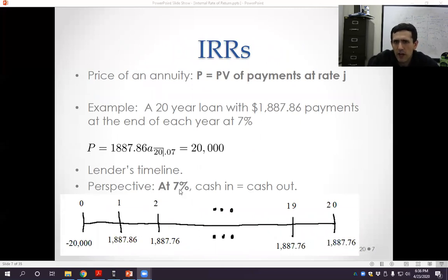Right? If I had 10% interest, I'm guessing the payments might be $2,500. I don't know, but they're certainly going to be quite a bit larger than 1887.86. Right? Of course, taking the flip side, if you're trying to buy a house, you of course want as small of a loan interest rate or mortgage interest rate as you can get.